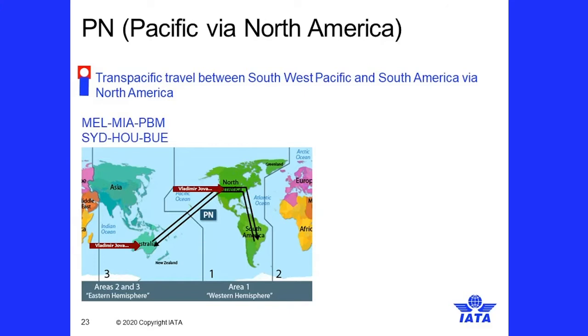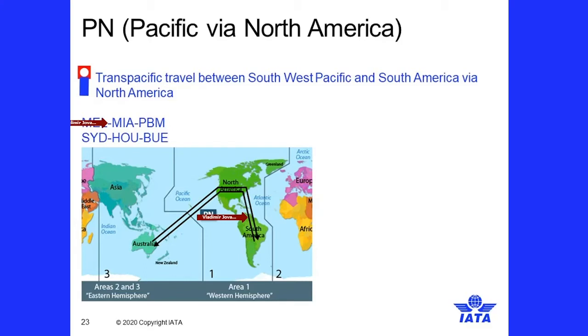And as America was much more developed at that time, having Pan Am, Northwest, American Airlines, and later Delta coming out, all of them offered connections between South America and Australia and New Zealand via points in North America. If we have a direct flight, Melbourne to Paramaribo in Suriname, which is north of South America, the direct flight would be Pacific.